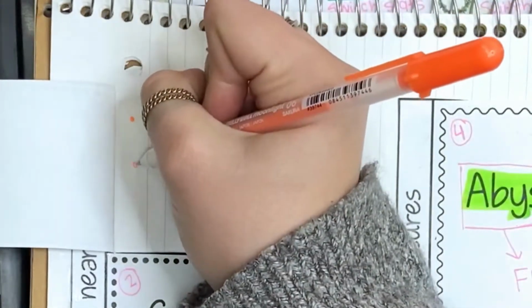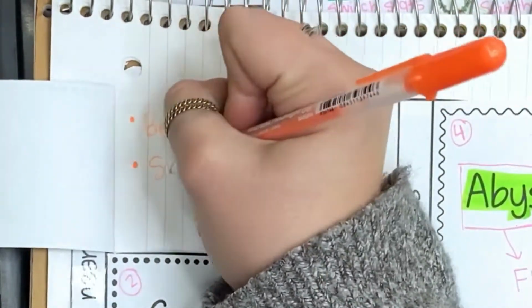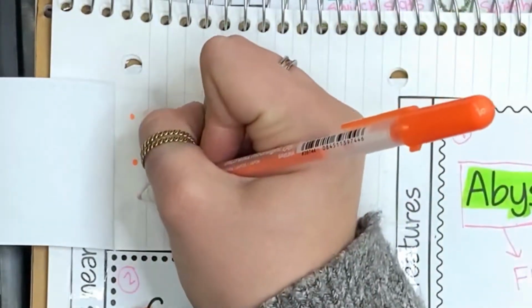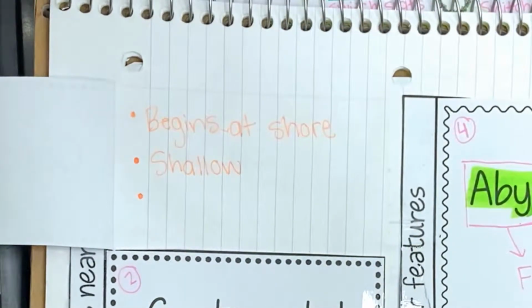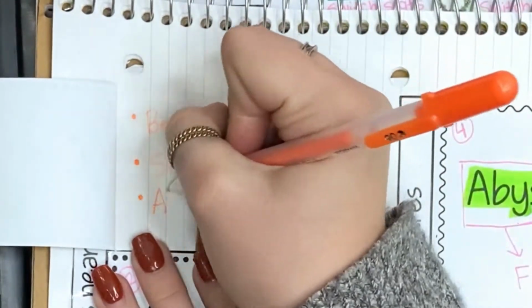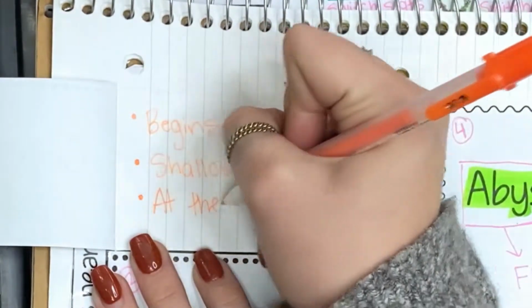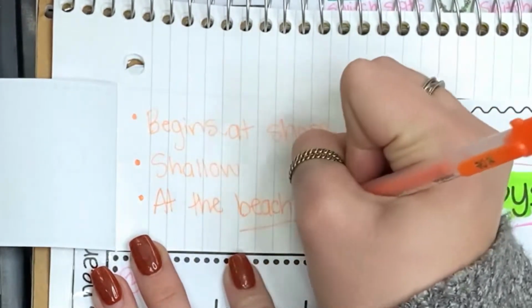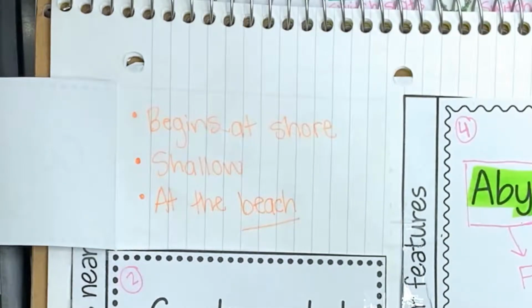Okay, second thing, it is shallow. And the next thing is, it is at the beach. It begins right at the shoreline, right at where the beach is.